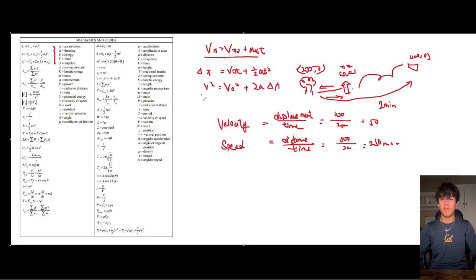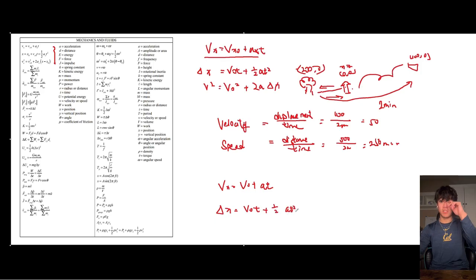Now let's talk about the first equation. Very simple: your final velocity equals your initial velocity plus acceleration times time. It's simple because acceleration is how much your velocity changes over time, so you just do the reverse of that. Our second equation is displacement equals V0t plus 1/2 at squared.